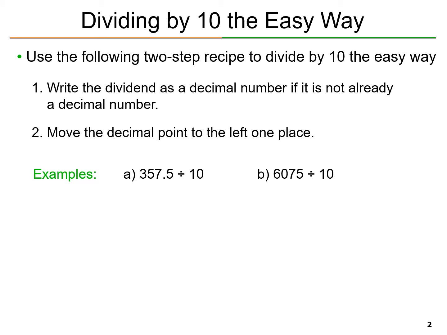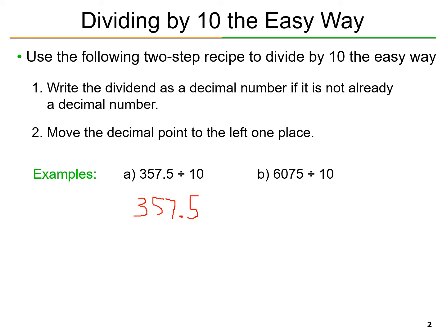Okay, so let's go ahead and work two examples. In the first example, A, we're going to divide 357.5 by 10. So we're going to write down 357.5, and it is already a decimal number, so we don't have to add a decimal point.